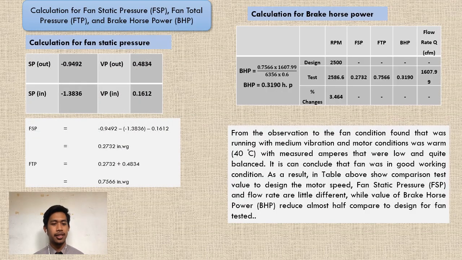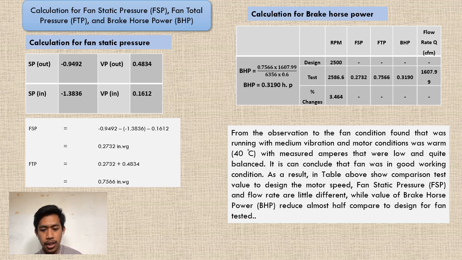Okay, for this slide, the calculation for fan static pressure, fan total pressure and brake horsepower. So we can see the calculation of FSP and FTP. And then for the brake horsepower, we can see the total horsepower and the comparison between the experiment and theoretical.